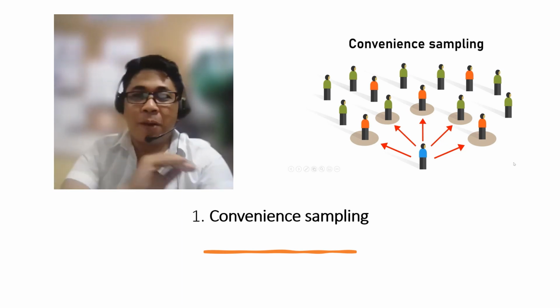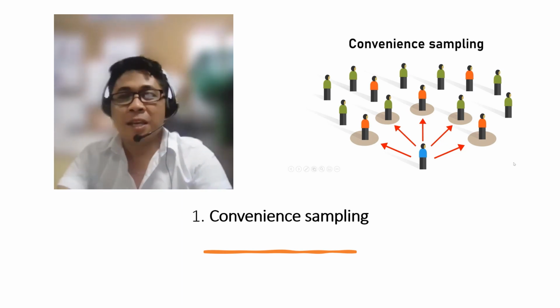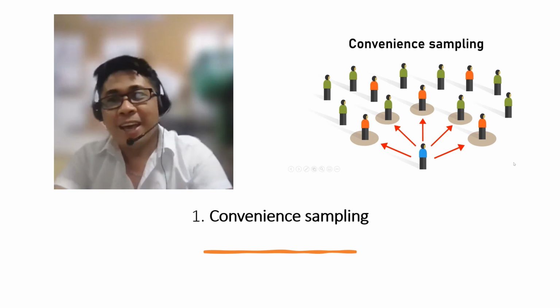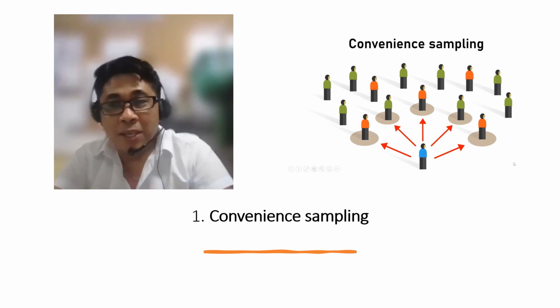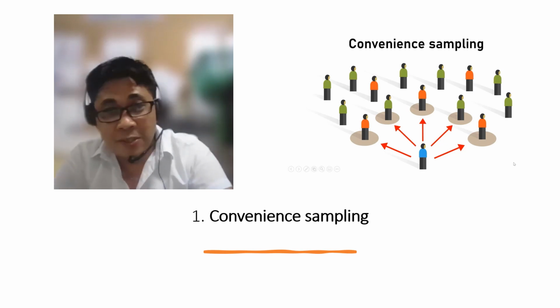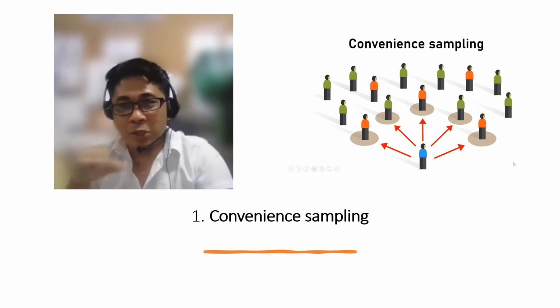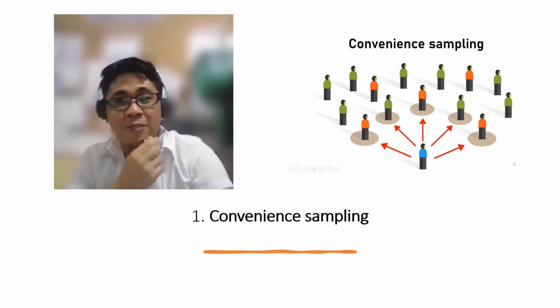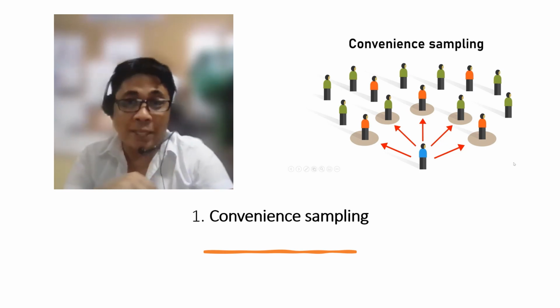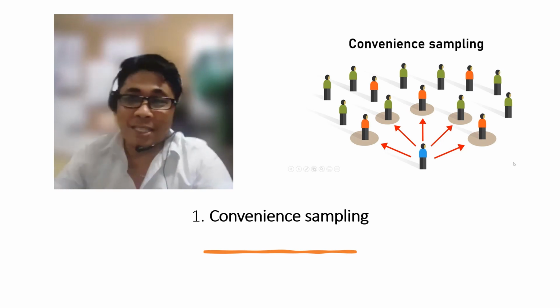So student A passes by, and you simply ask that student, "Hi, you are selected to be a respondent of my research." Every person that passes by on that particular day will be your respondent till the number reaches 100. So, as simple as that.